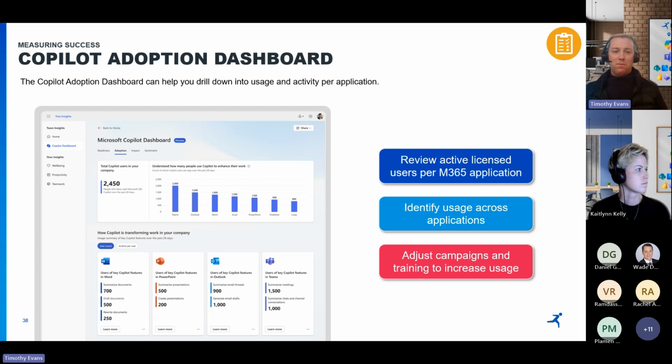Going back to something Caitlin had mentioned earlier, that return on investment more often than not outweighs the cost of Copilot, and we really want to make sure that we're meeting our numbers through these three phases of measuring success.